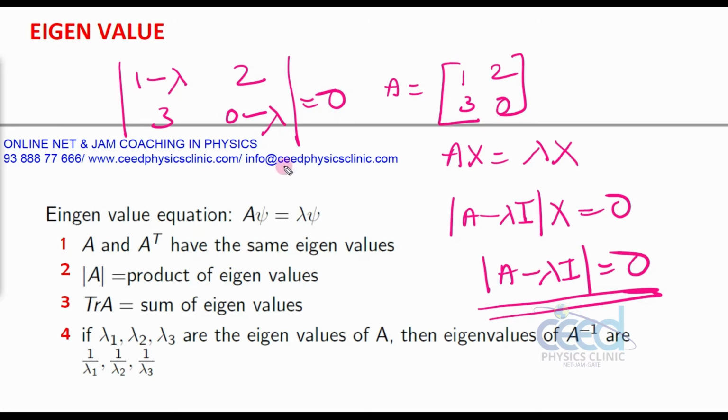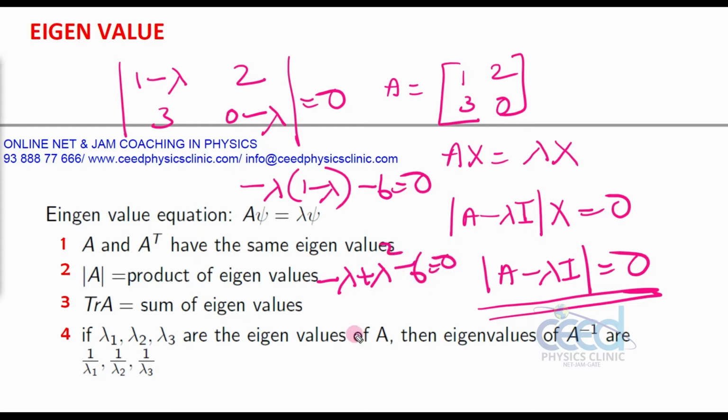When you expand this, that is minus lambda into (1 minus lambda) minus 6 equal to 0. That is minus lambda plus lambda square minus 6 equal to 0, that means lambda square minus lambda minus 6 equal to 0.